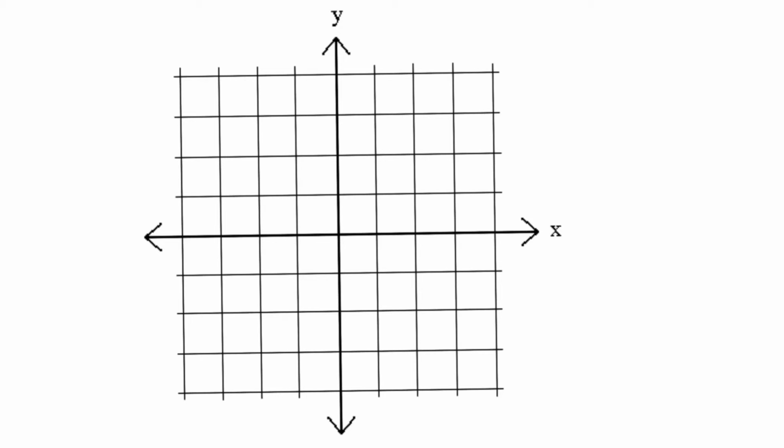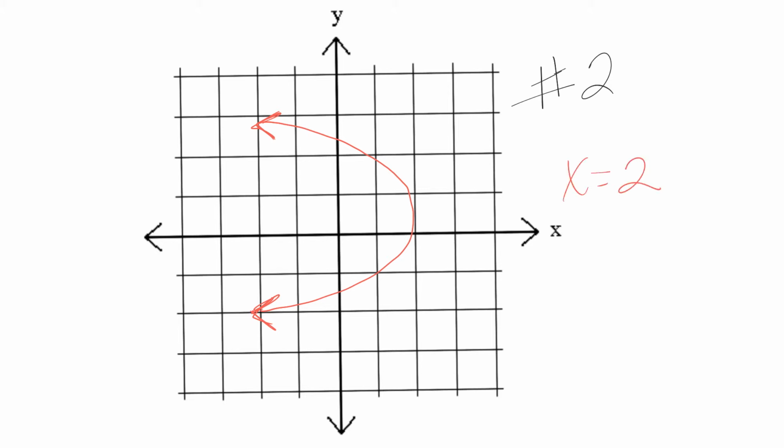Okay, let's look at the second issue. Here's number 2. What if we have something that looks like this? What if we have something that is doing this? Now, I know this isn't a function, it's a sideways parabola, but what if we're looking at x equals 2?